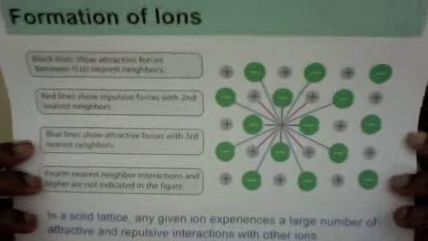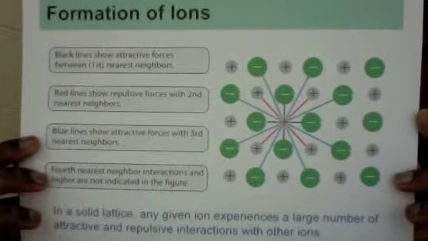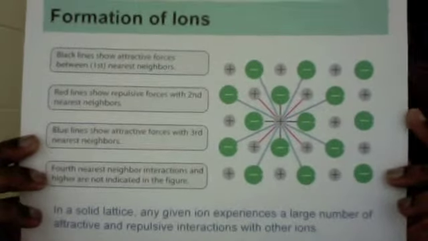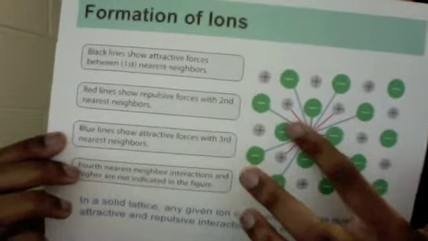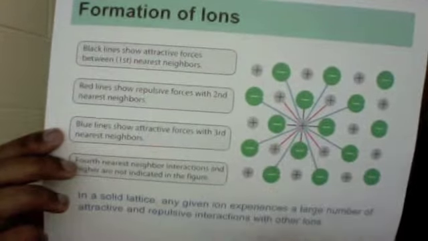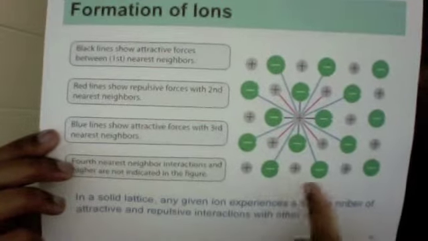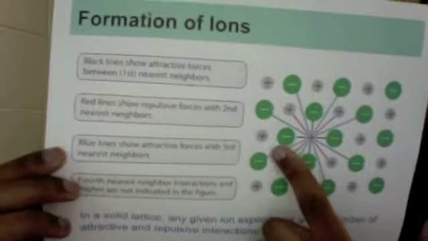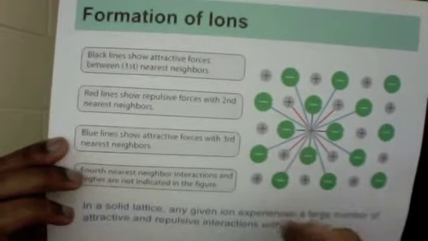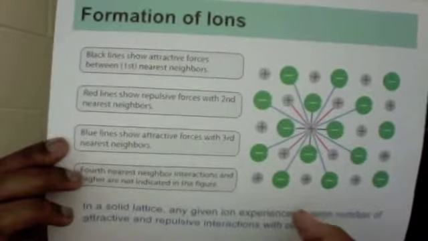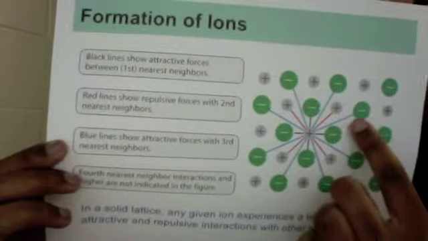Black lines show attractive forces between first nearest neighbors. So these are the black lines here, the first nearest neighbors. Red lines show repulsive forces with second nearest neighbors. So we have these. Blue lines show the attractive forces with third nearest neighbors.